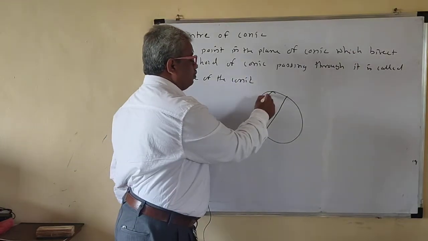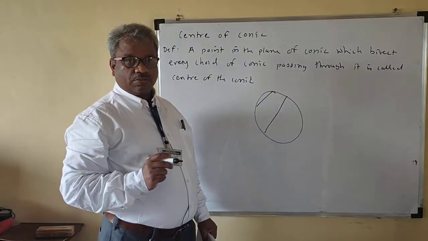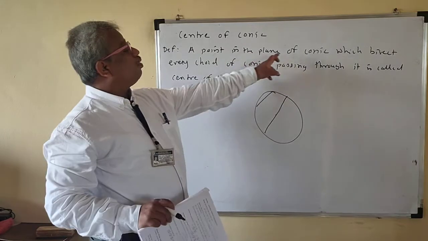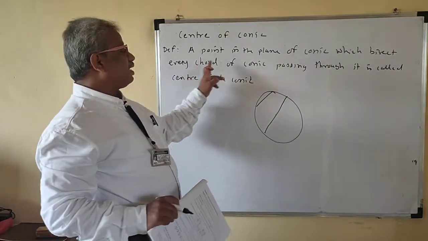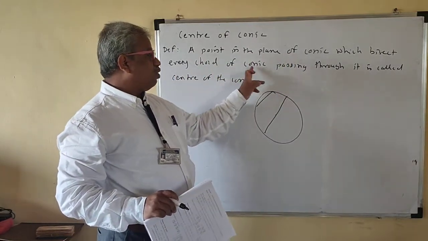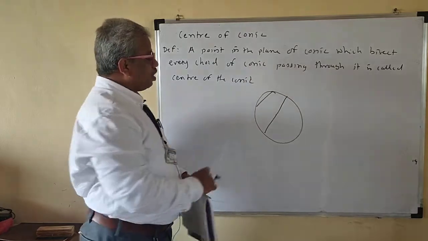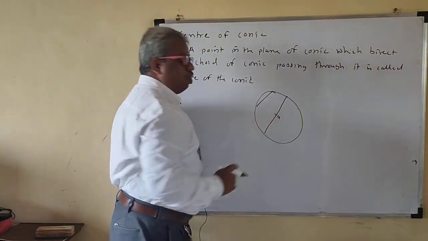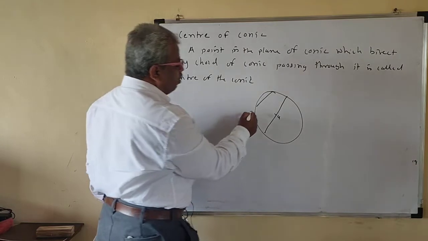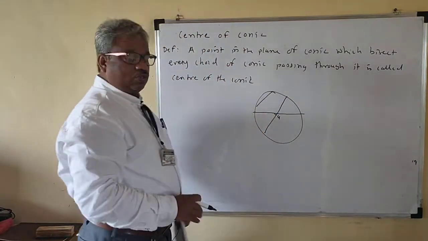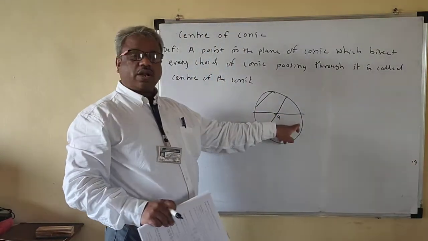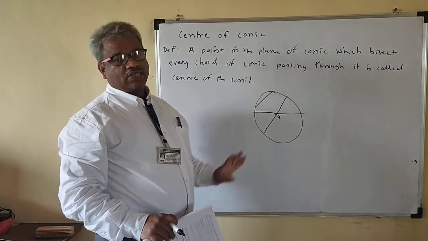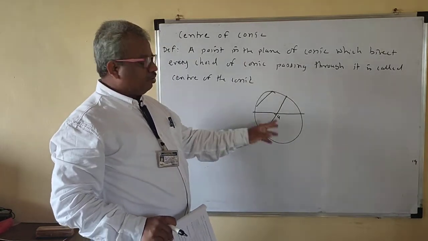This is also a chord. So a point of the conic which bisects every chord passing through it. Suppose this is U. If you take any chord passing through this, and if U bisects every chord, then that is called a center.